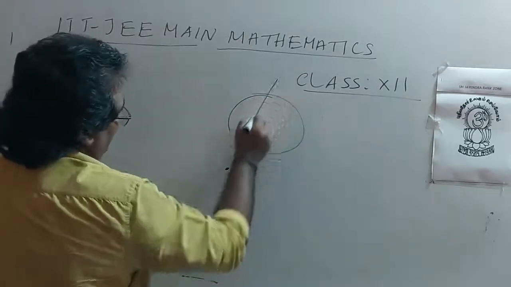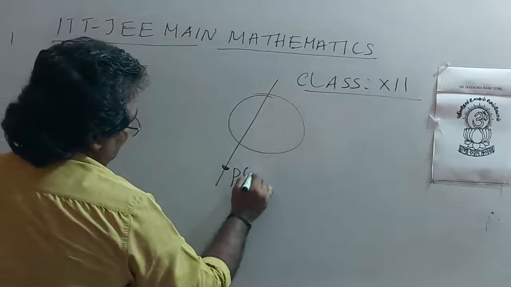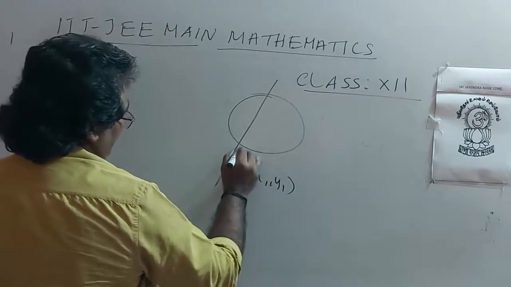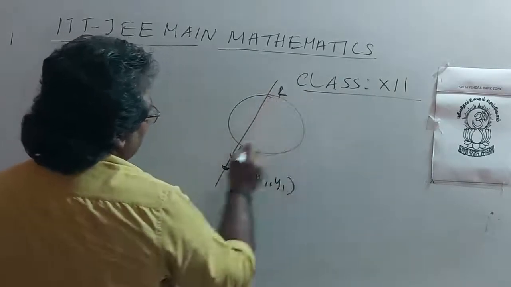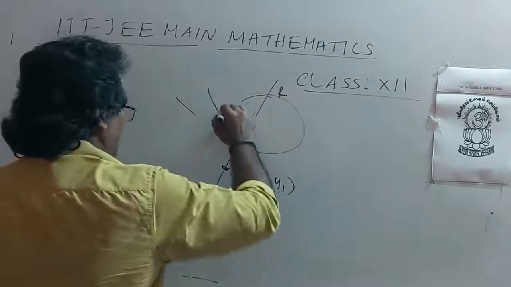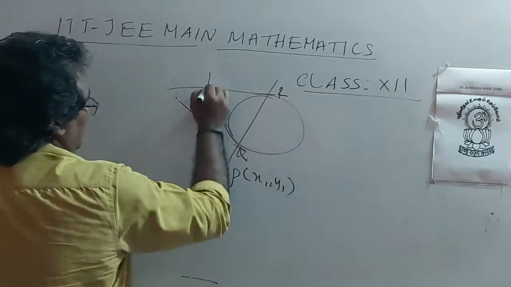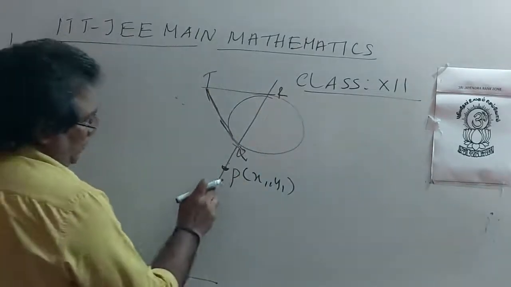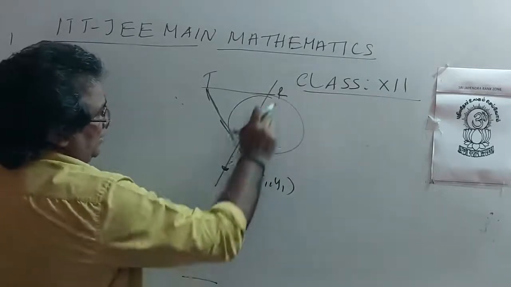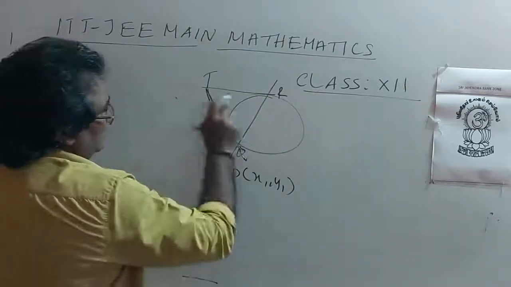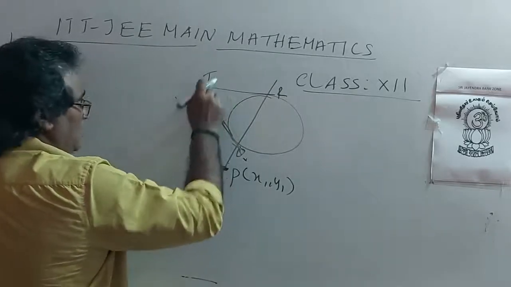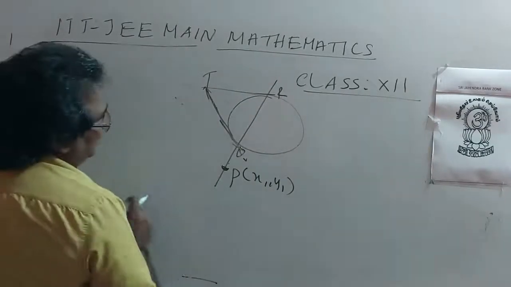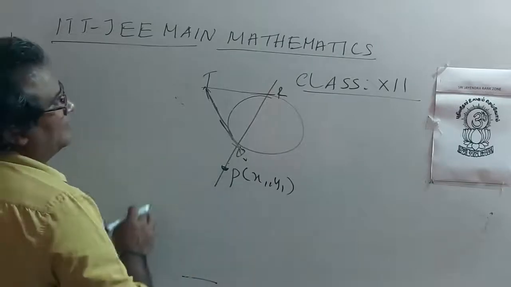Suppose I take a point P here, a line is drawn through P, it meets the circle at Q and R, and the tangents at Q and R meet at T. Through P, a line is drawn, it meets the circle at the points Q and R. At Q and R, two tangents are drawn which meet at T. The locus of T is called the polar of the point P, where P is called the pole of the polar.